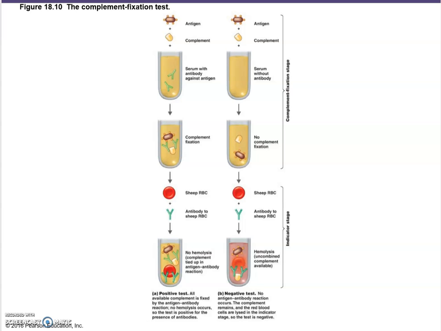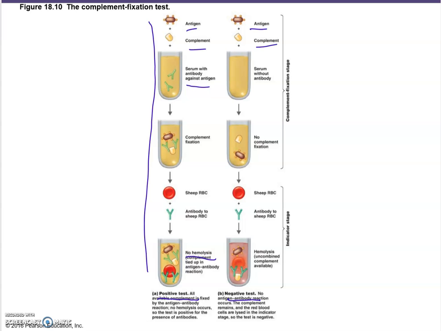And just over here on the left side, you have a positive test. That means the antigen and complement interact with serum antibody against the antigen, and then basically you get no hemolysis in this reaction. Over here with a negative test on panel B, we have the antigen and complement.